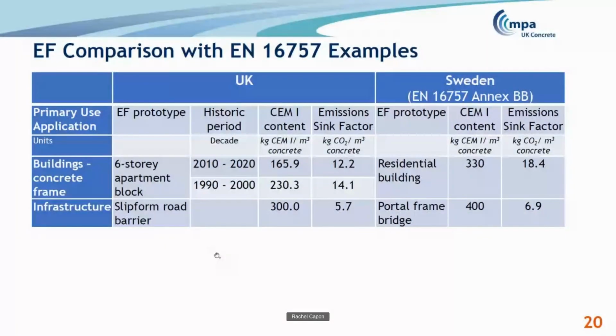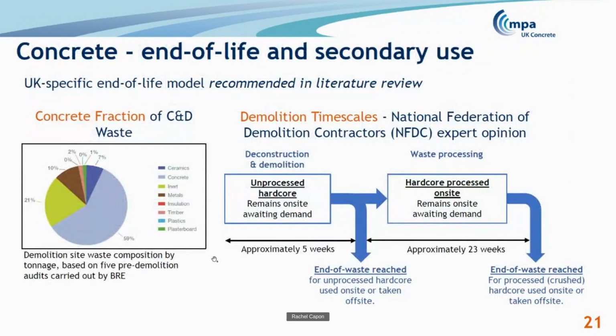We've also compared our primary use prototypes with some examples that are in 16757, and you can see we get similar but slightly lower emission sink factors. I think that's not surprising because we've got slightly lower CEM1 content. So that gives us confidence in our calculations of the emission sink factors.